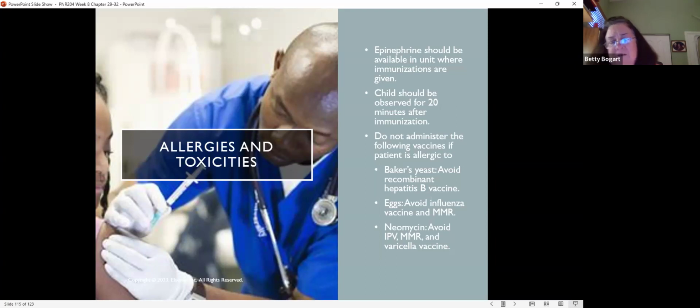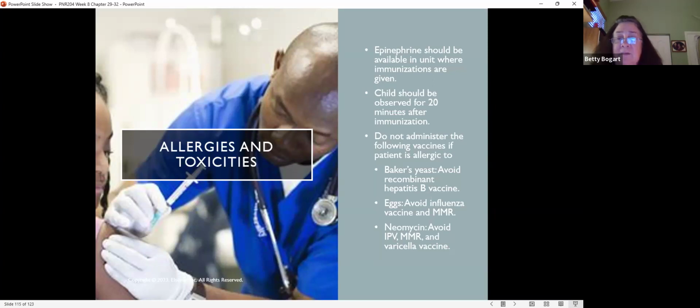Epinephrine should always be there and available, especially when we're giving immunizations. There are new immunizations that we're giving. They also say that children should be watched for a little bit after. In the hospital I worked, any injection was 30 minutes. You had to stay just to try to avoid these things.